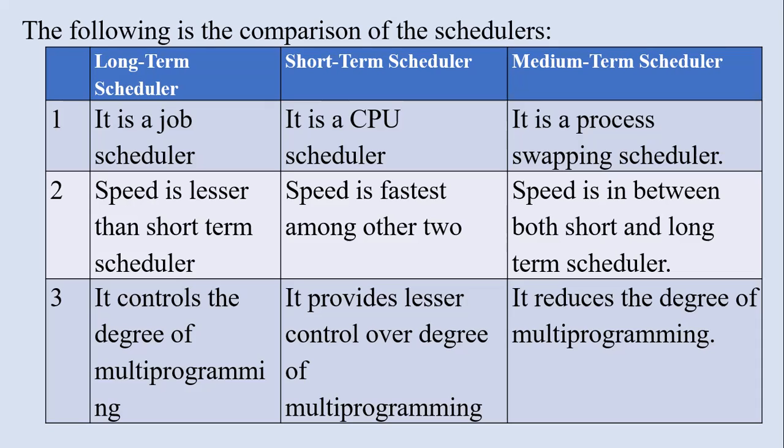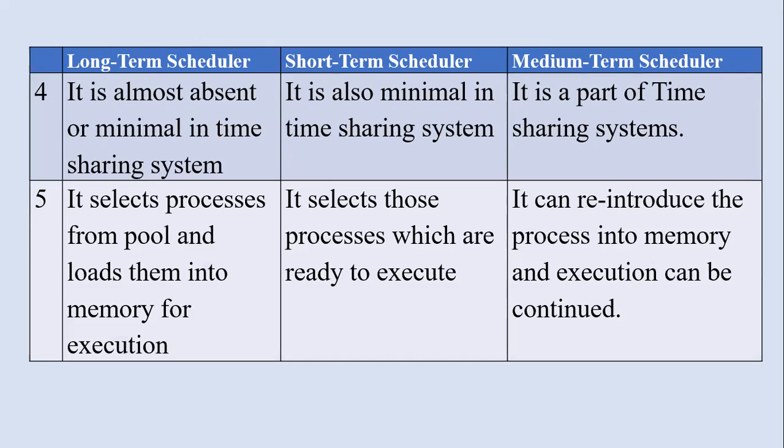Number three, the long-term scheduler controls the degree of multiprogramming in the system, while the short-term scheduler provides lesser control over the degree of multiprogramming, while the medium-term scheduler reduces the degree of multiprogramming. Number four, the long-term scheduler is almost absent or minimal in time sharing systems.